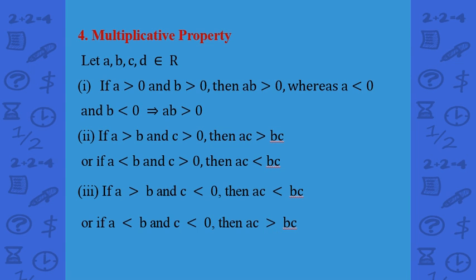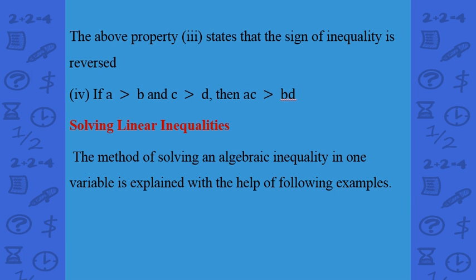So keep in your mind, when you are multiplying a negative number on both sides, it will reverse your inequality. This is also written over there in the third property, that the sign of inequality is reversed.